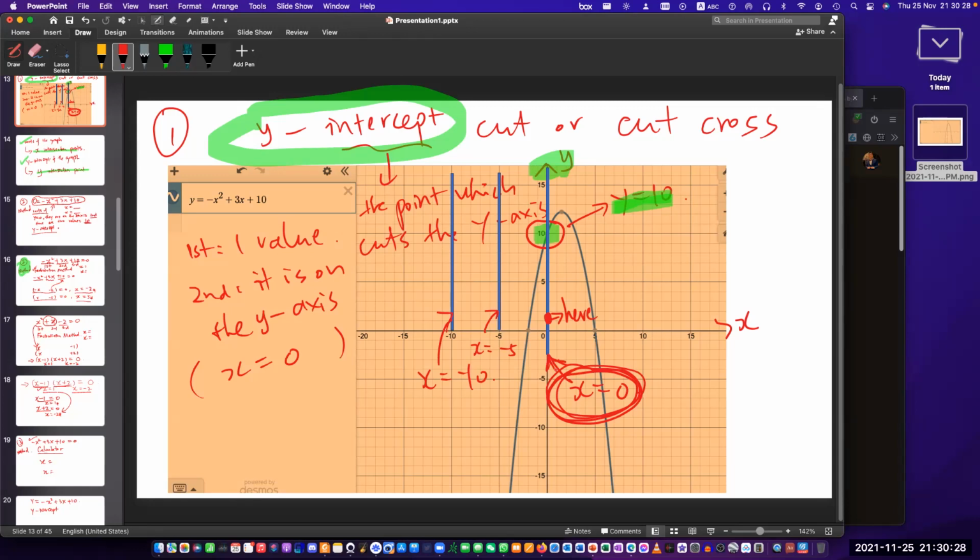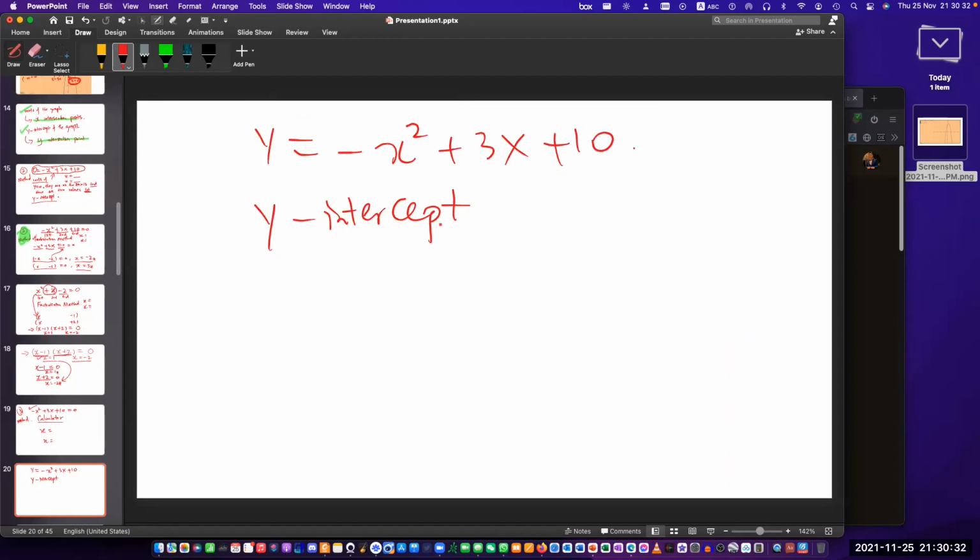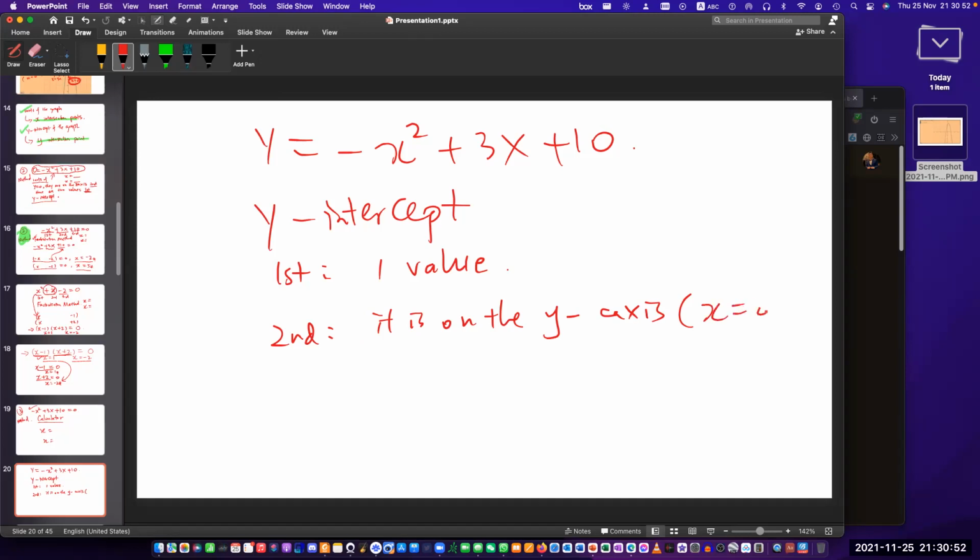So let's make use of this concept. X is equal to 0. For the y-intercept, two observations. Number one, just one value. Second observation, it's on the y-axis, and the mathematical meaning of this English statement is x equals 0.